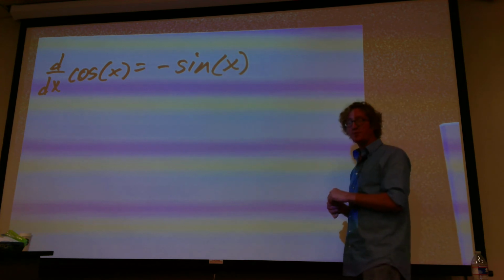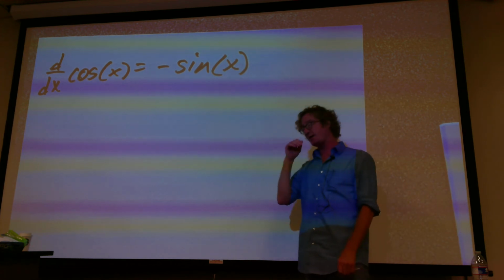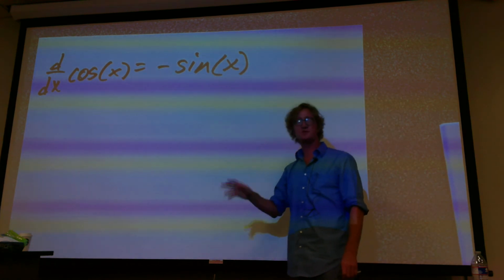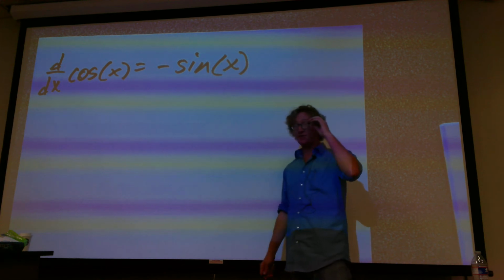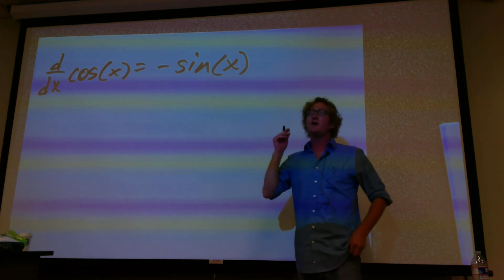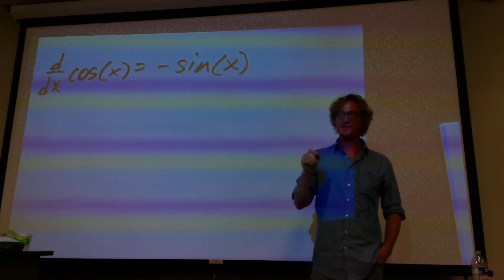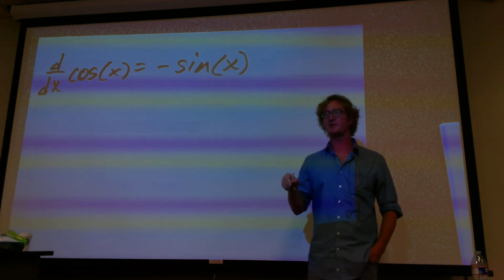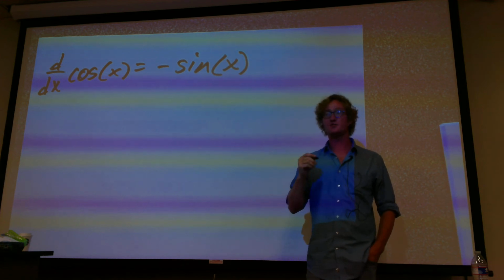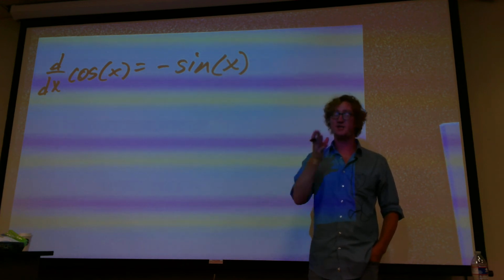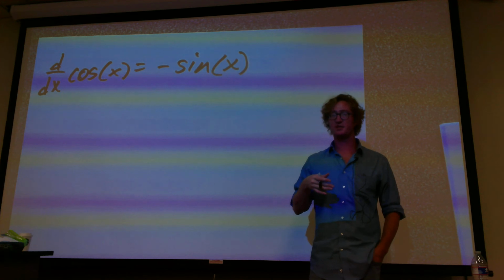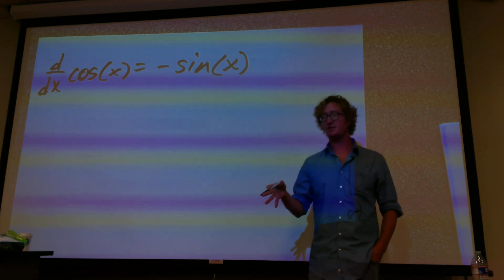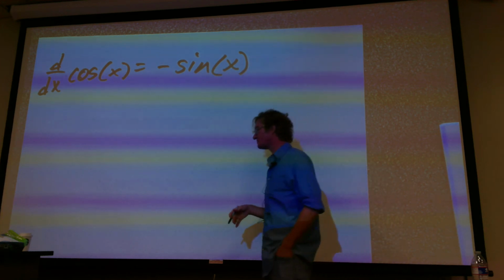Whenever remembering the rules for secant, tangent, cotangent, cosecant, all that stuff, the main thing you want to remember is that if you know the derivatives of secant and tangent, you know the derivatives of cotangent and cosecant. Just remember they always get a minus sign. And remember, secant and tangent are always going to be associated with each other, and cotangent and cosecant are always going to be associated with each other.